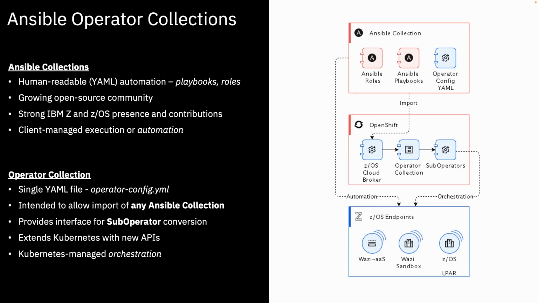This is an additional set of metadata, a framework that the cloud broker provides for users to be able to take their existing Ansible automation, so any Ansible playbooks that you might already have, or in our case, some of the IMS Ansible playbooks that we already had, and transform that into something that can be imported into OpenShift and generated into an operator without users needing to actually code and develop an operator themselves.